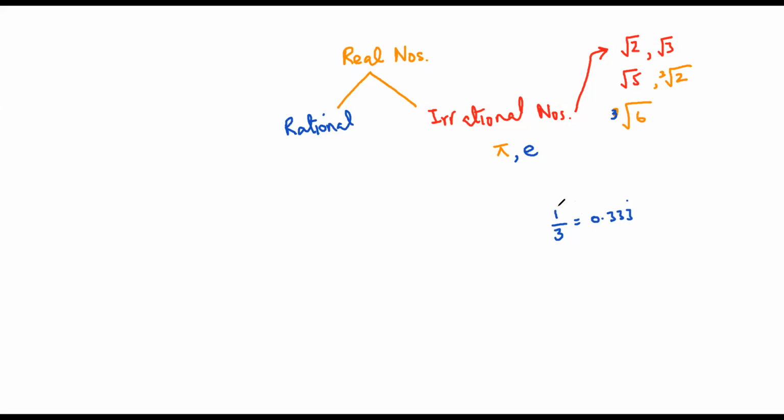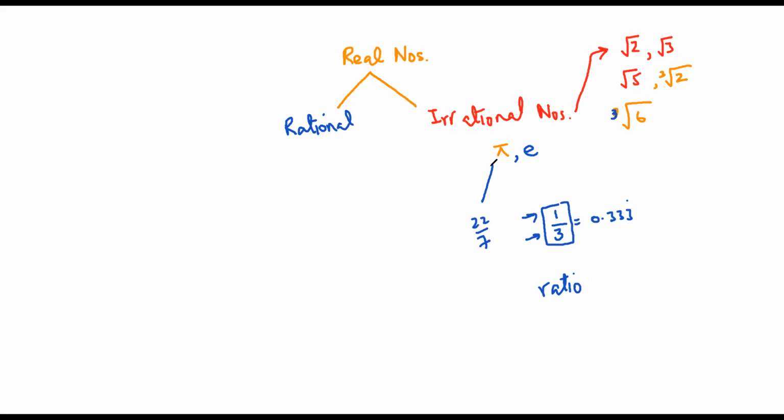You see, this is already a rational number. The word rational comes from ratio. If you see a number which is written as a ratio of two integers, then it is called a rational number. So 1 over 3 is a rational number. Similarly, 22 over 7 is also a rational number.